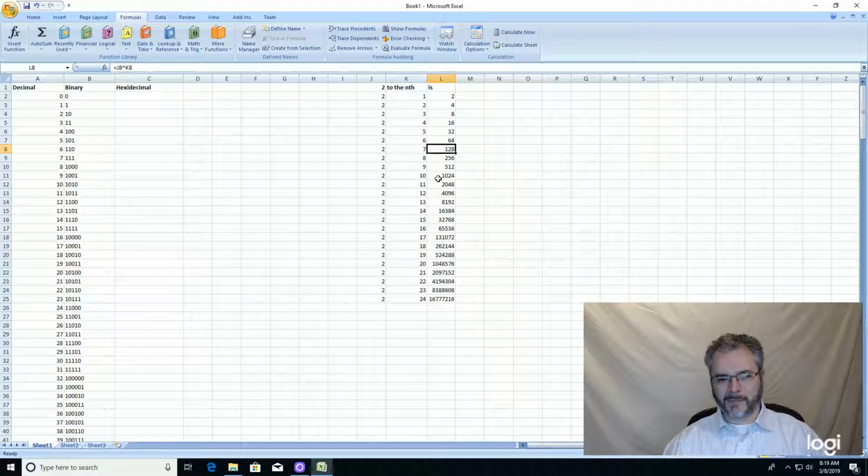If you buy a hard drive, it's probably going to be 256 gigabytes or a terabyte, right? I mean, these numbers are repeated everywhere. I remember Excel used to have a limit of 65,000 rows on a sheet.